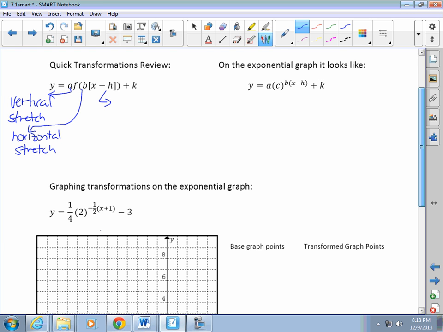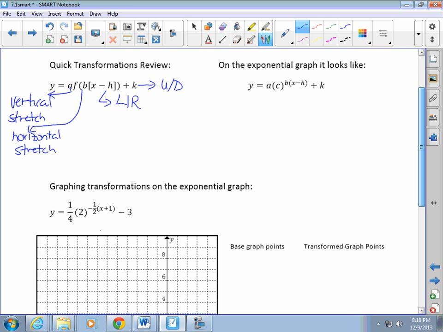The h value is your horizontal translation, so it's that horizontal translation going left or right. And the k value is your vertical translation going up or down.